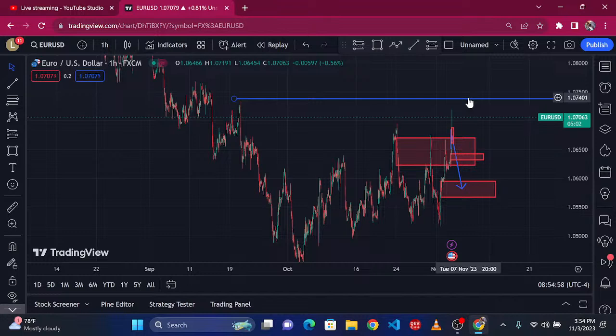You can hold on to that, or you can just buy at the top into that line, the blue line that I've marked.